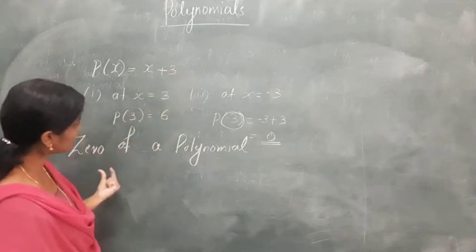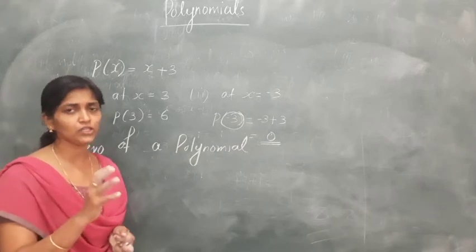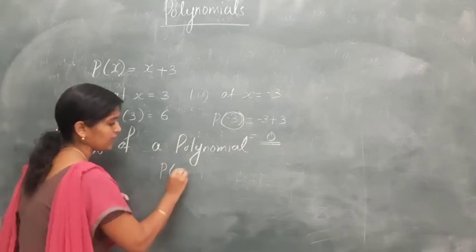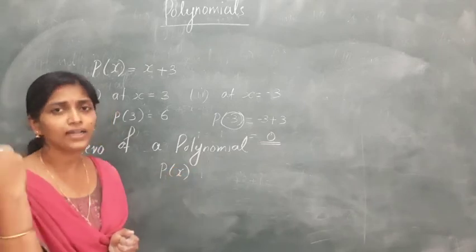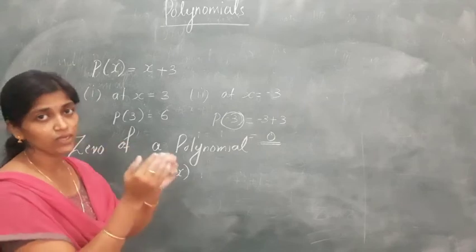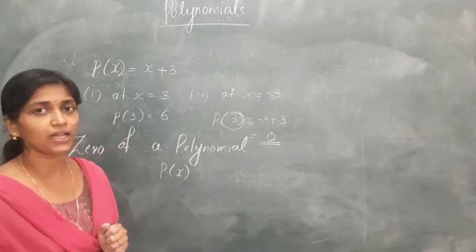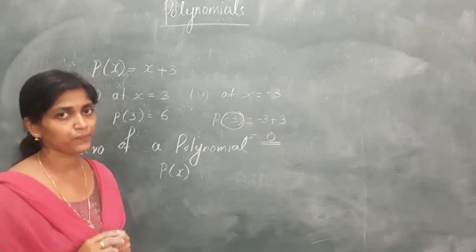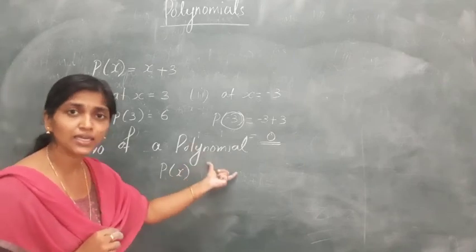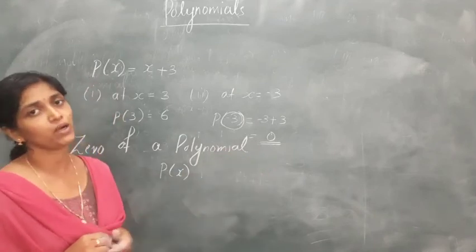I think it's clear what is the zero of a polynomial. If you have a polynomial p of x, when you give some values for x, you get the value of the polynomial at that x value. If you are getting 0, that value of the variable for which you get the polynomial value as 0, you call it a zero of the polynomial.